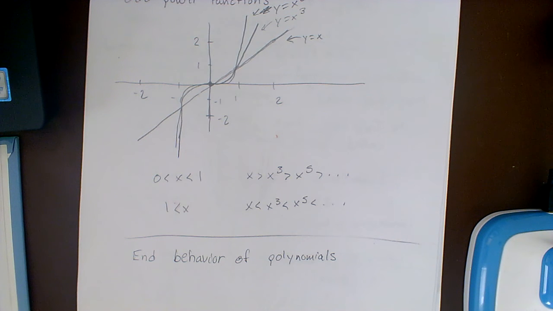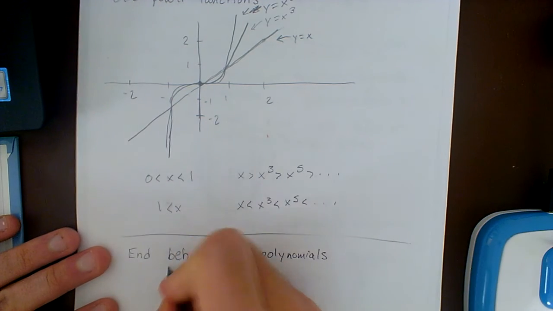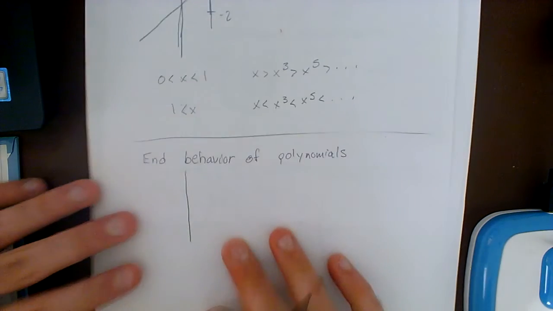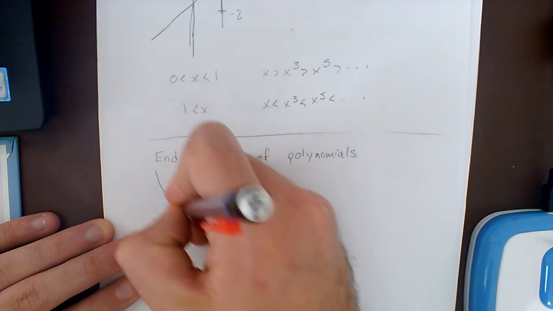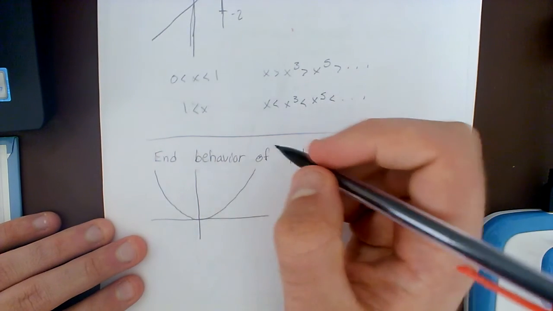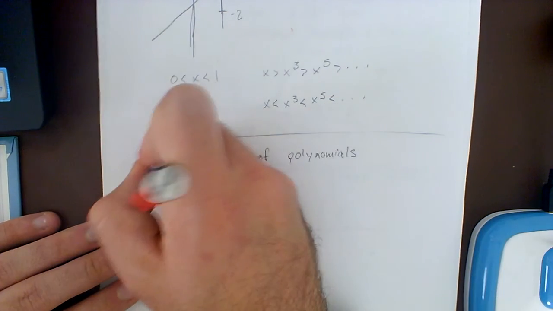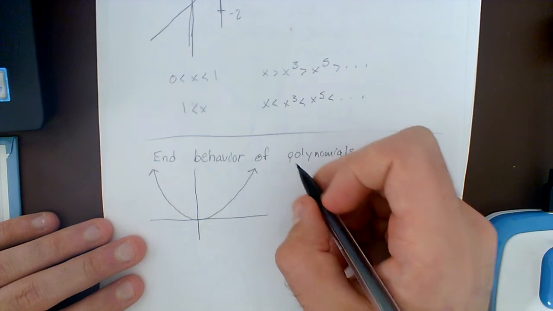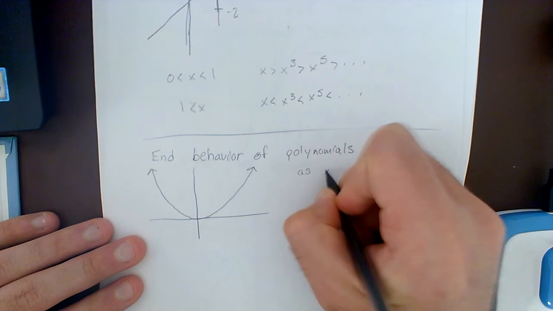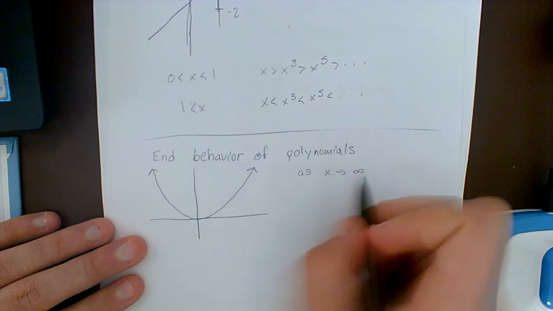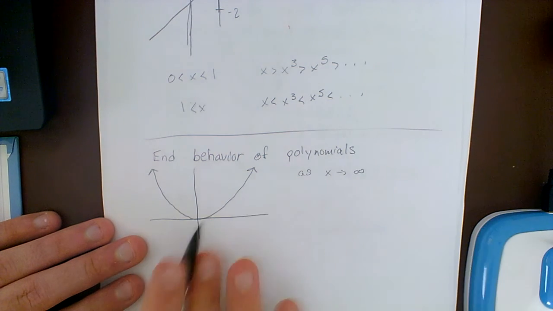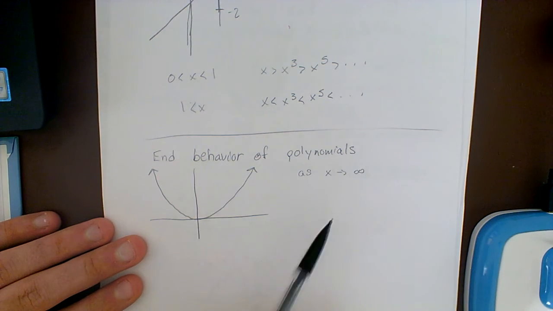So there's a couple different cases you could have here. You could have a graph that looks like this, a parabola looking, or an even function type graph. I'm going to introduce some notation here. As x goes to positive infinity, we look at the behavior of y as we go further and further this way.